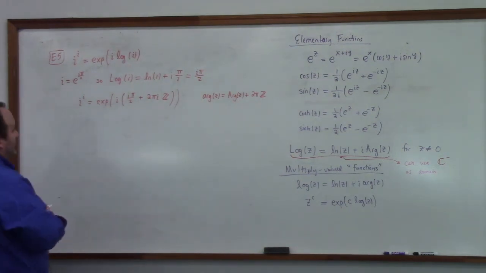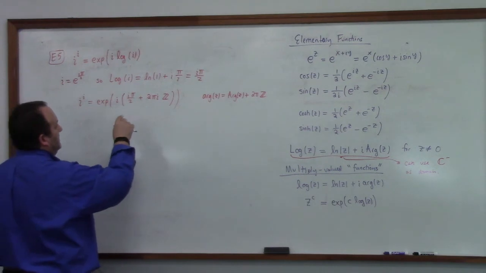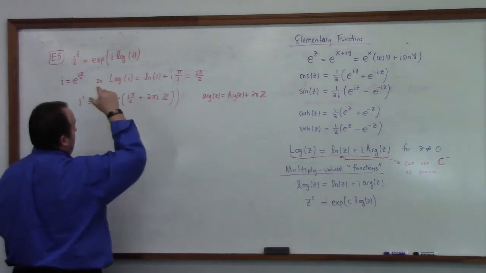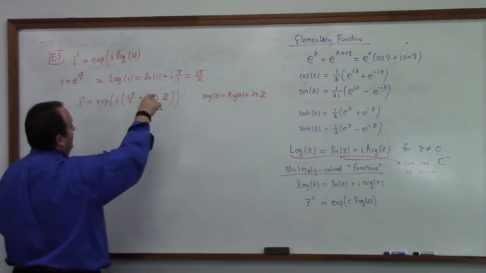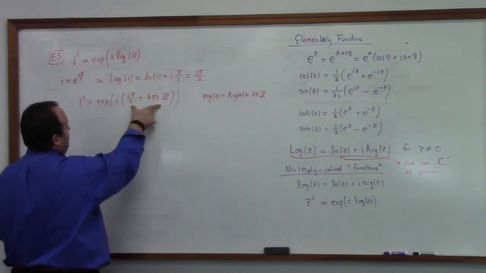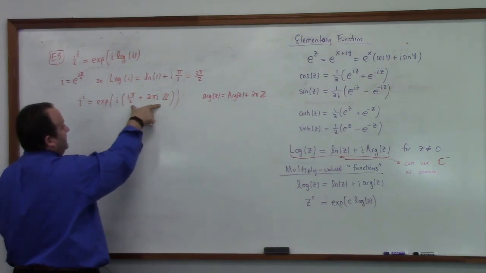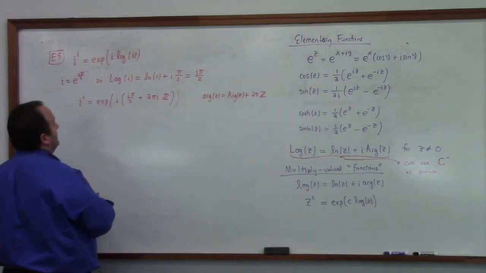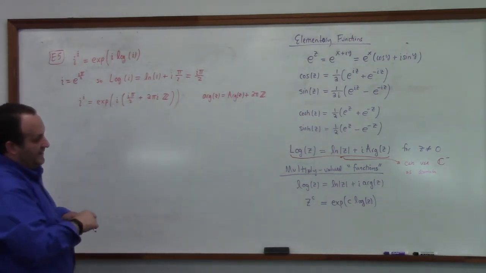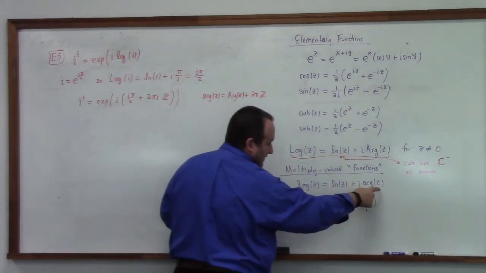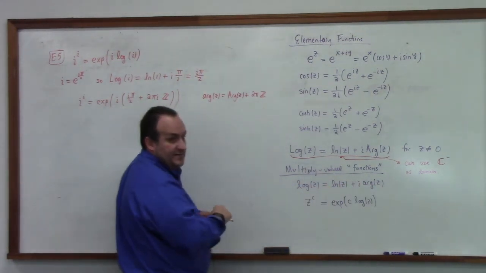So I can just, again, log I here is the set that's log I. It's I pi over 2 plus 2 pi I over Z. Because you get I arg Z in this, so that I multiplies the 2 pi Z.